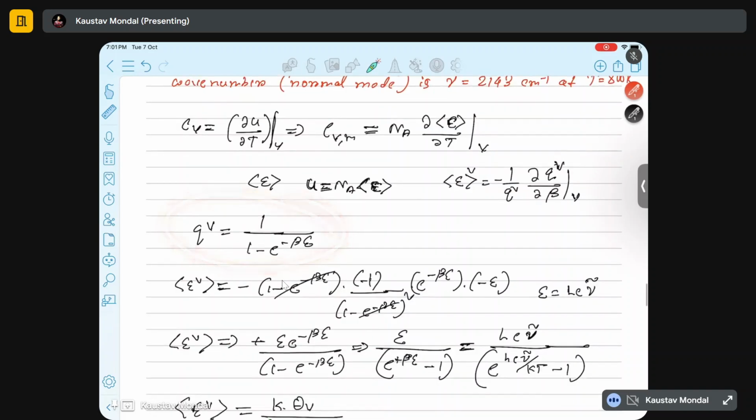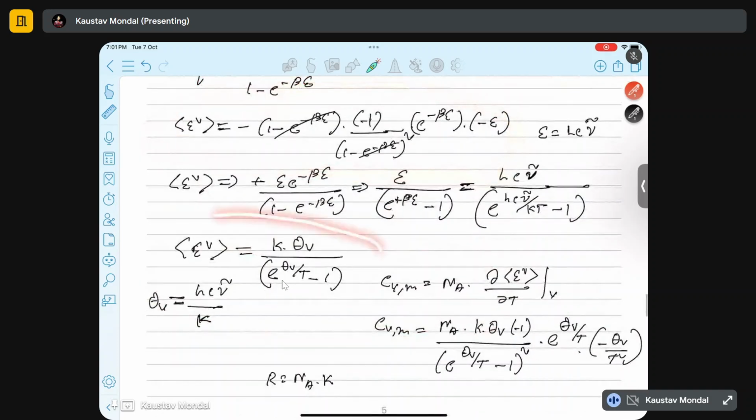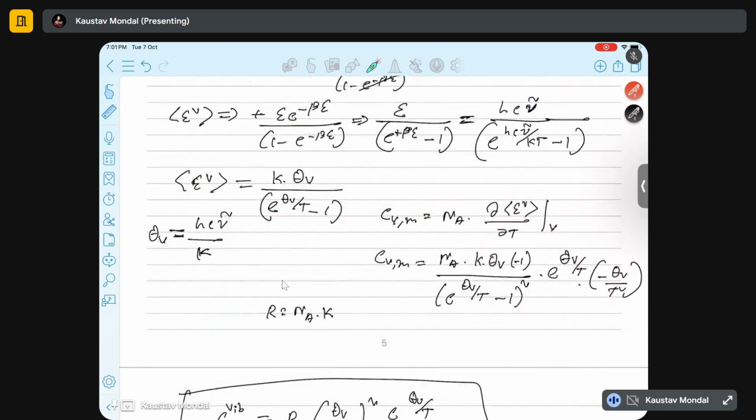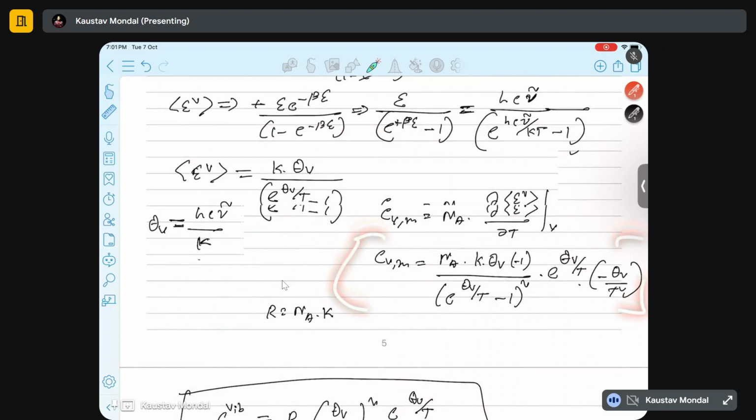So from there we have calculated the εV. We now write this whole expression of εV in terms of θV, that is the characteristic vibrational temperature. So we have substituted this εV into the expression of CV. After doing the derivative, we got this expression of the CV here.